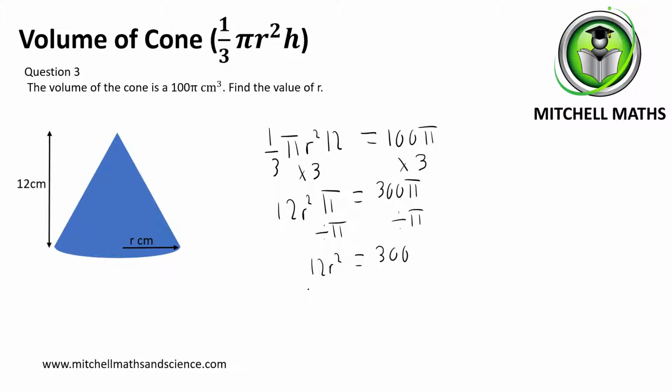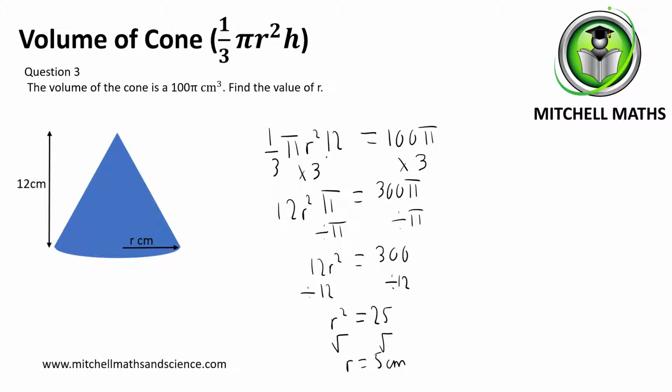I then can divide by 12, and if I divide 300 by 12, I get 25. And finally, to get r, I can just square root, and the square root of 25 is 5. So the value of r is 5 centimetres.